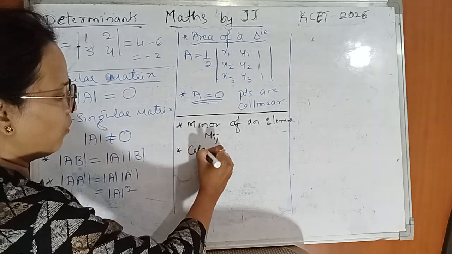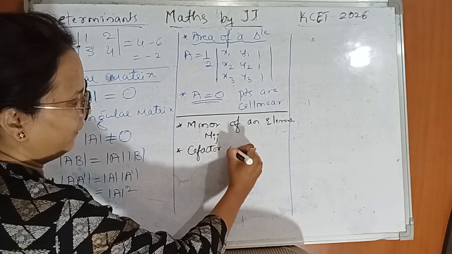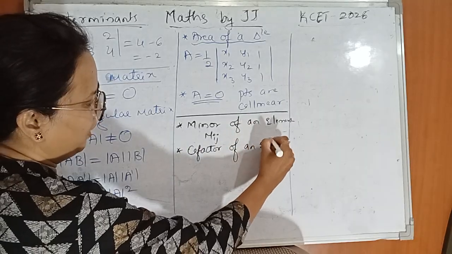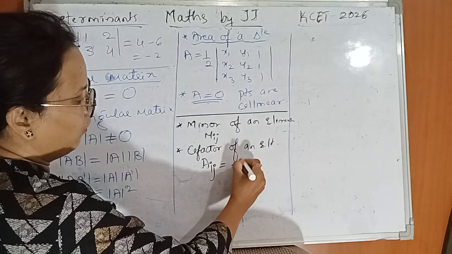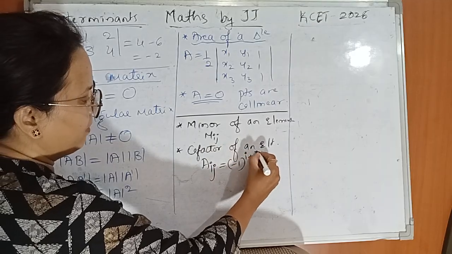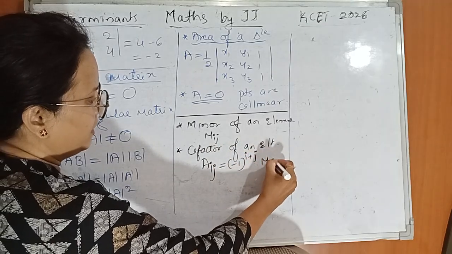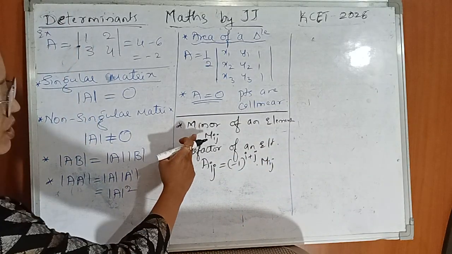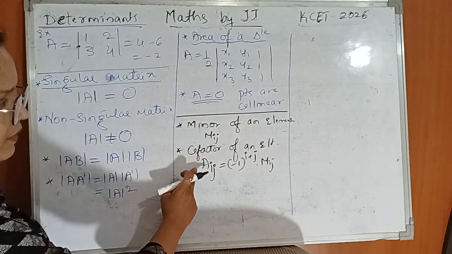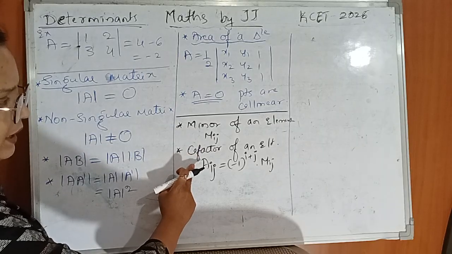Then comes the cofactor of an element. Cofactor of an element is denoted by Aij, whose formula is minus 1 raised to i plus j into mij, where mij is the minor of the element. So once you have got the minor, the next step is finding the cofactor of an element.